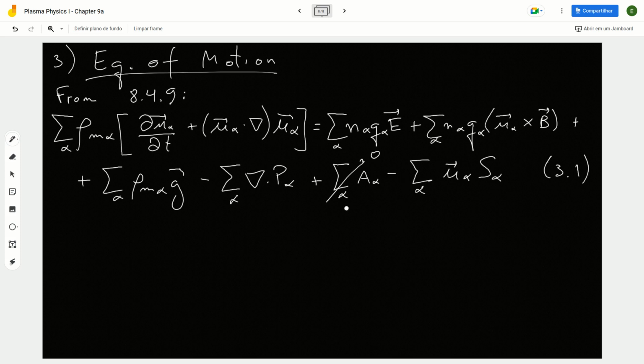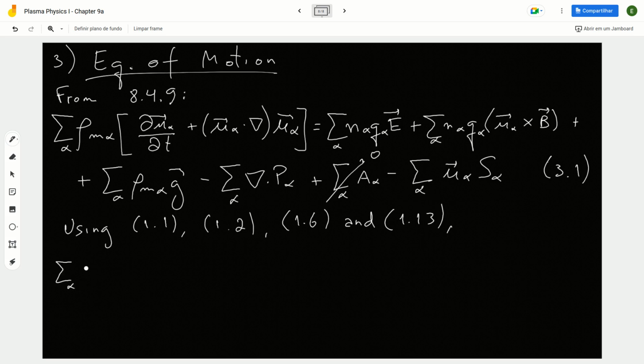Now we're going to use 1.1 for the mass density, 1.2 for charge density, 1.6 for current density, and 1.13 for the pressure. We get this equation.